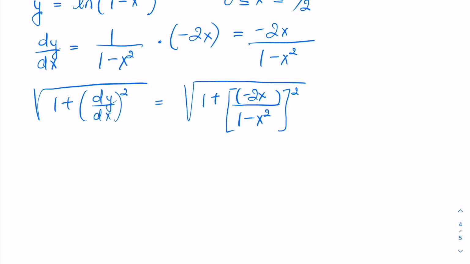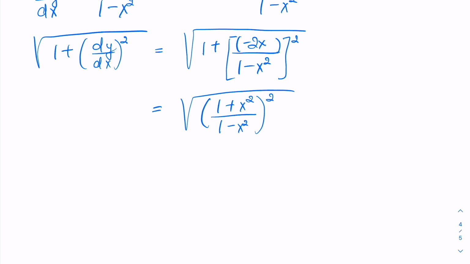So if you square that and you do the LCD for the 1 here, we're going to end up with square root of 1 plus x squared over 1 minus x squared, squared. So now I can cancel out the square and the square root. I ended up with 1 plus x squared over 1 minus x squared.